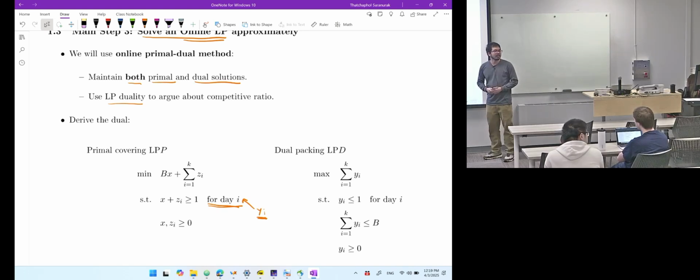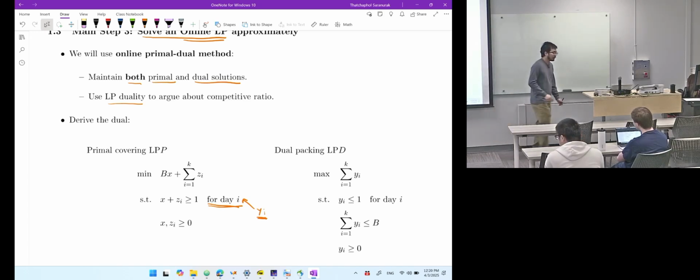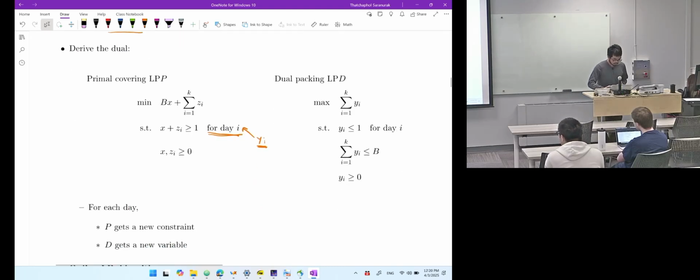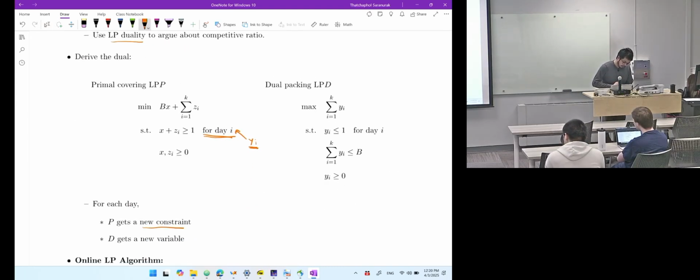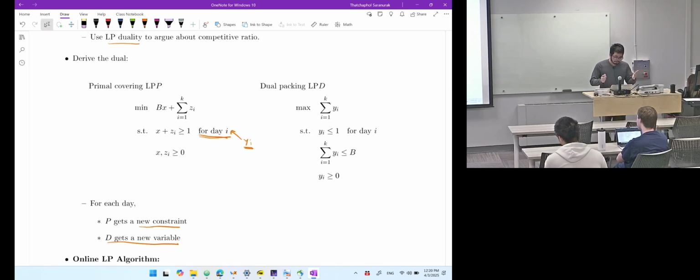Yeah, each variable will appear one by one. Good. So on each day, the primal gets a new constraint, and the dual gets a new variable.